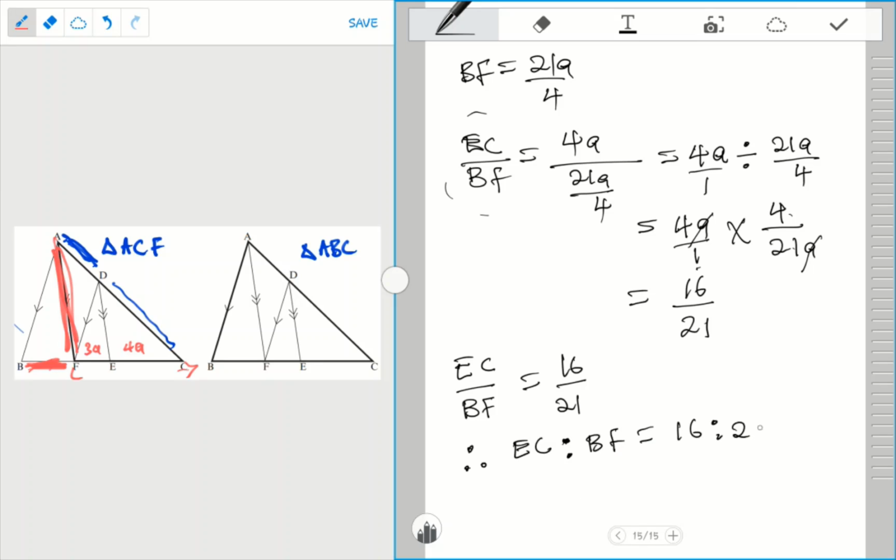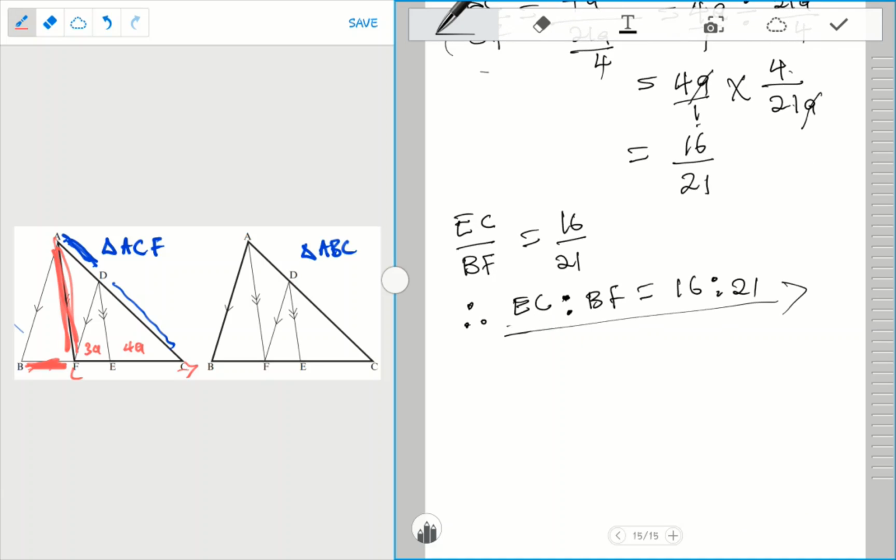Okay, then now we get the answer, because the question was, we were asked to determine this.